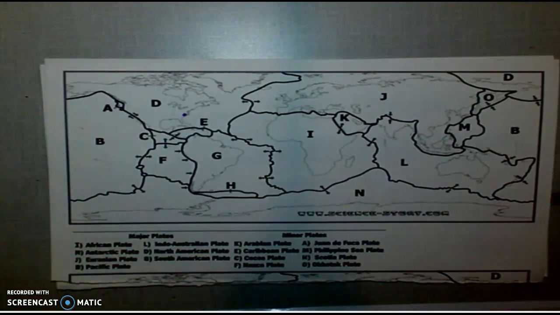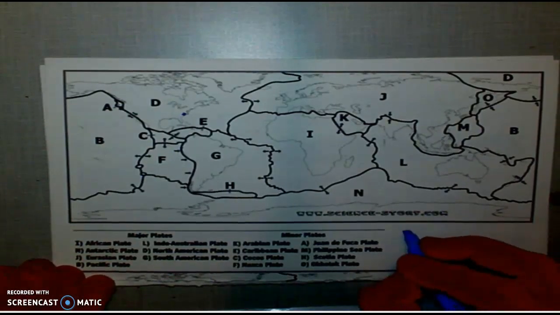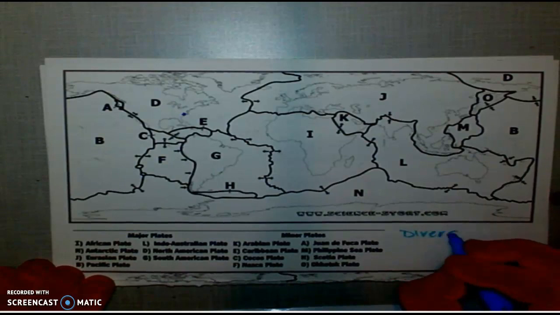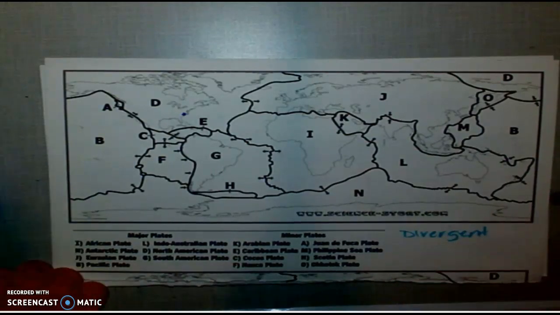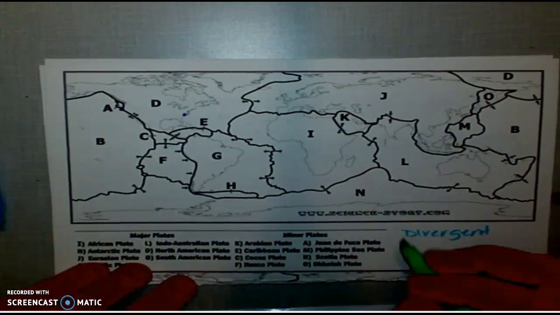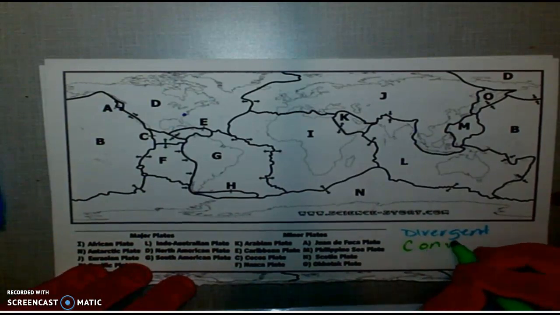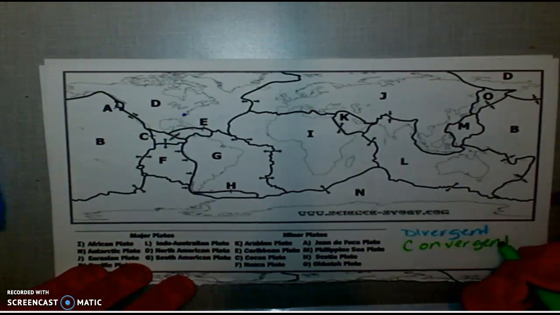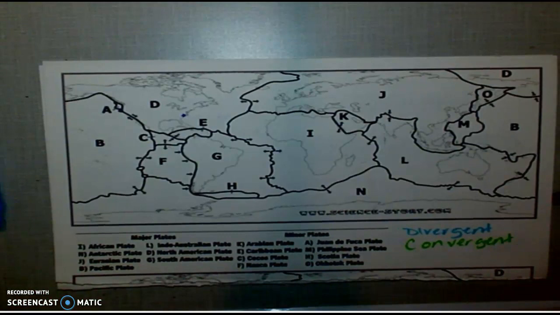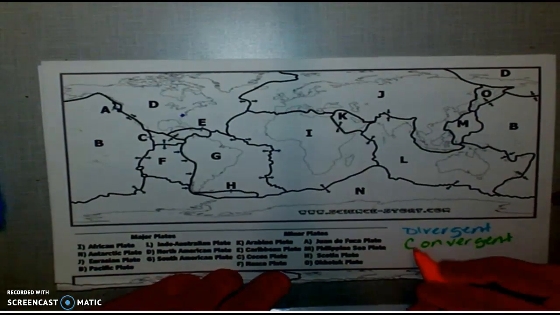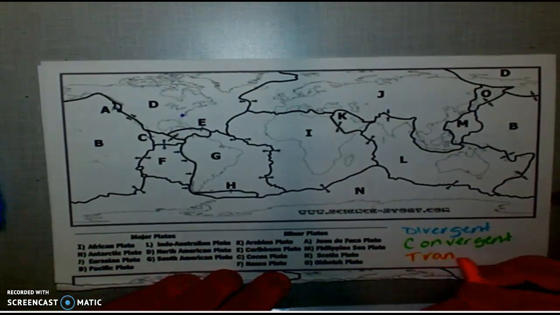But what we usually do in class with this is that we get three different colors. So I'm going to go divergent boundaries, and then I'm going to have convergent boundaries, and then I'm going to have, let's say, transform boundaries, right? Those are three different kinds.